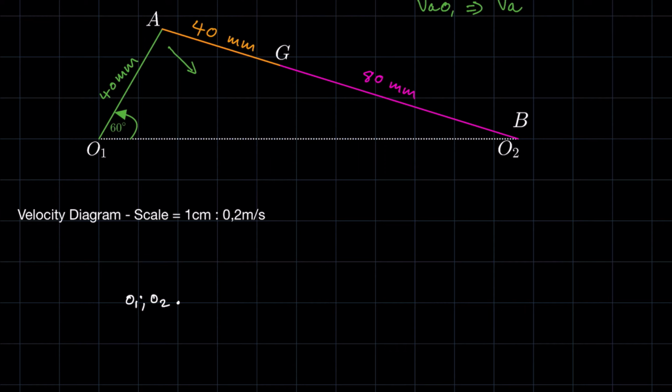Remember, we've determined that the tangential velocities of the rotating links must be perpendicular to the link. So what you will do is you already have this point which represents the fixed points. Now you want the tangential velocity, which you know will be 9 centimeters in this direction.